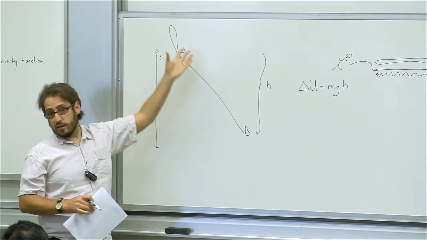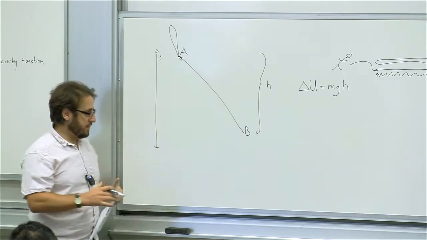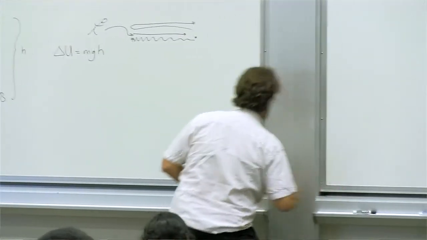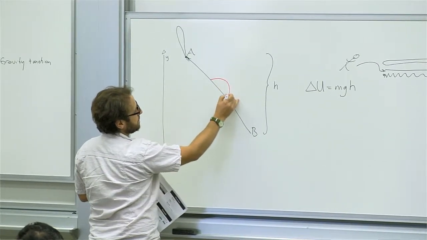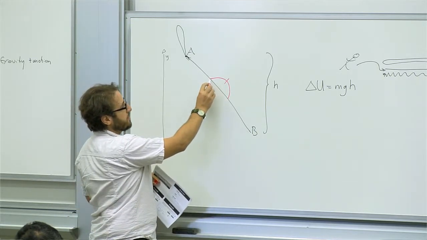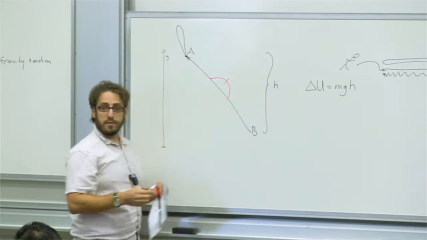Now imagine any small deviation from that path, and then cut that deviation in half. The amount of potential energy difference in the first part of that is canceled by the second part.